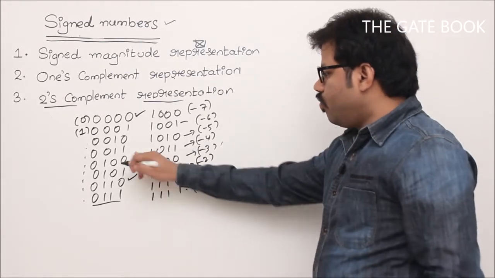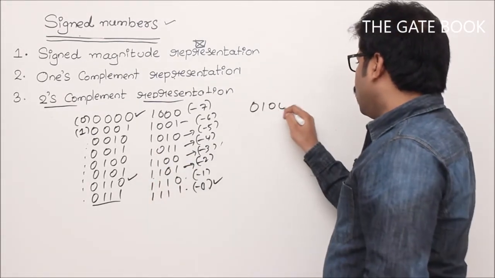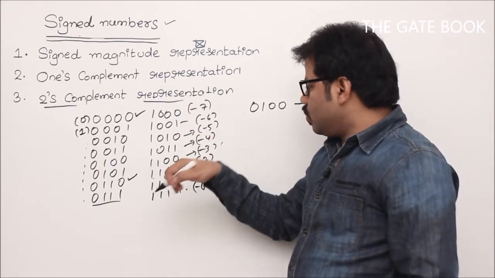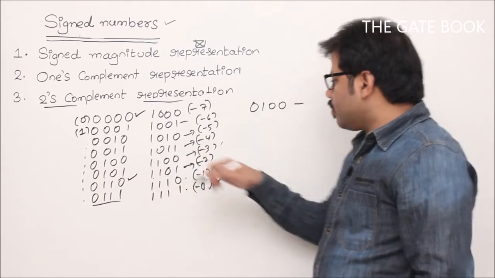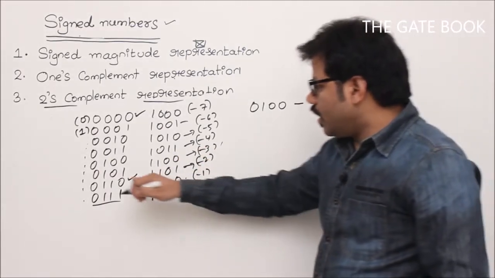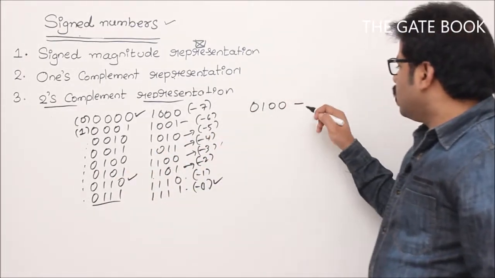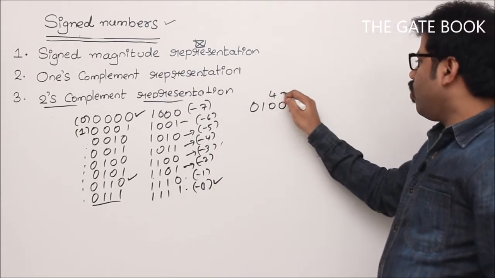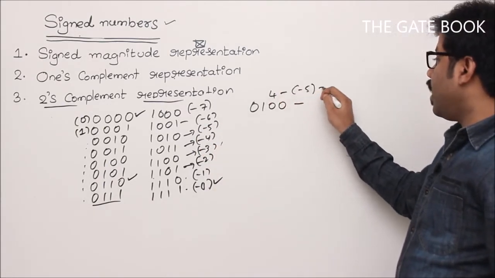If you have doubt, one more time. Let's take 4, 0100, minus, let's do this one, 1011. Otherwise, let's take 4 minus something. Why am I not taking minus 5? I will tell you. If I take minus 5, 4 minus minus 5 is supposed to be 9, correct?